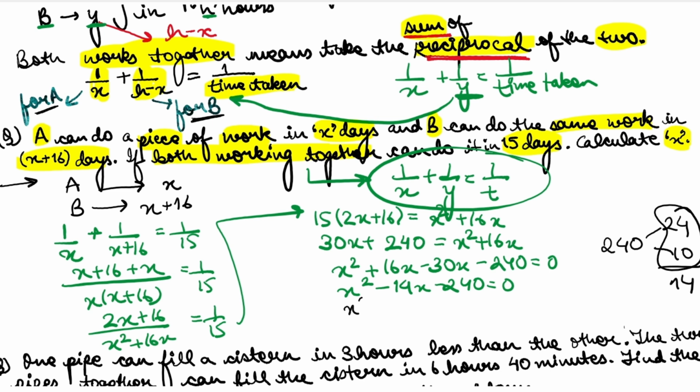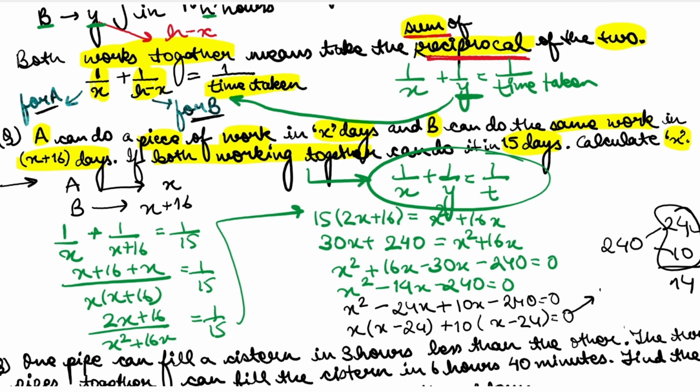So you can write it as x square minus 24x plus 10x minus 240 is equal to 0. So you get x minus 24 plus 10, and then x minus 24 is equal to 0. Now solving this further, you get x plus 10 and then x minus 24, which becomes equal to 0. So ultimately you get x is equal to minus 10 and x is equal to 24.